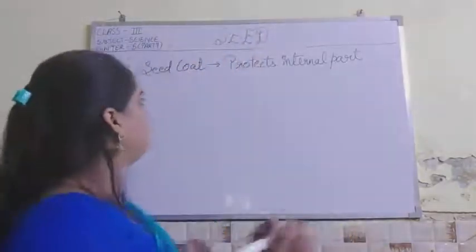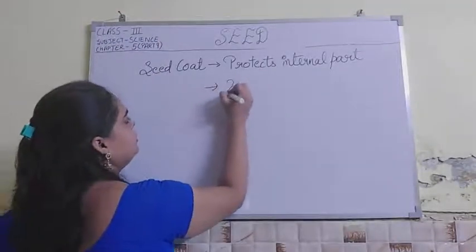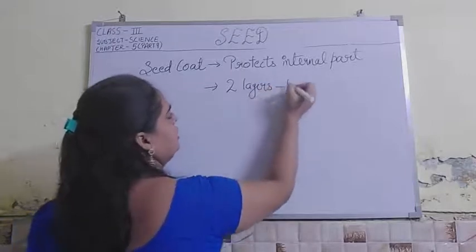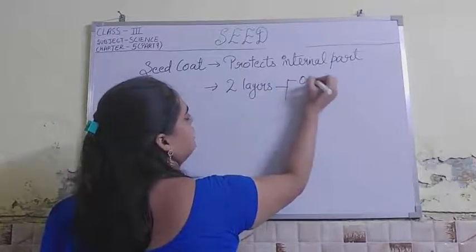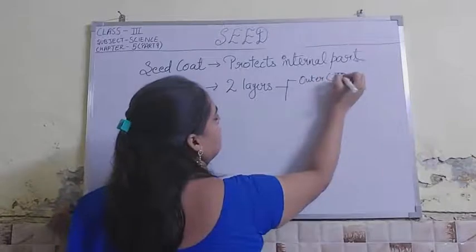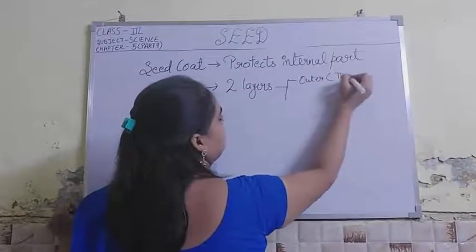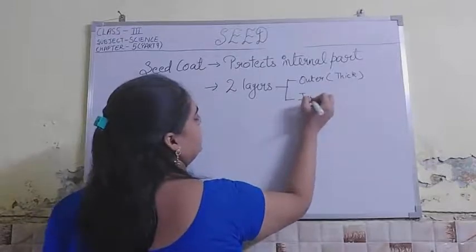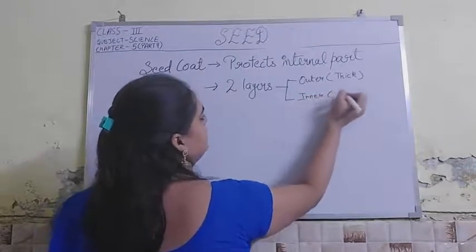There are two layers, in which the outer layer is the thick layer and the inner layer is thin.